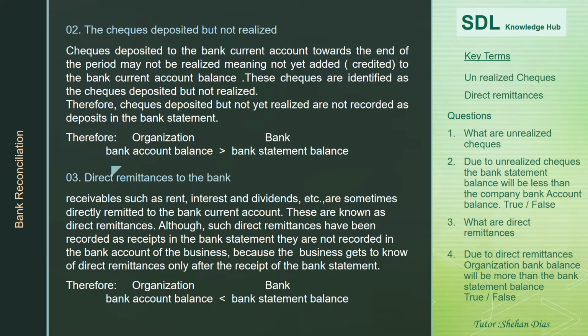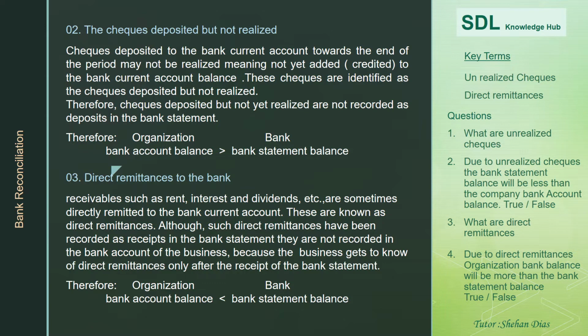The third reason is direct remittances to the bank. The debtors or any other type of payments or incomes could directly come into the bank current account. Because of that, the bank balance in the current account will increase.